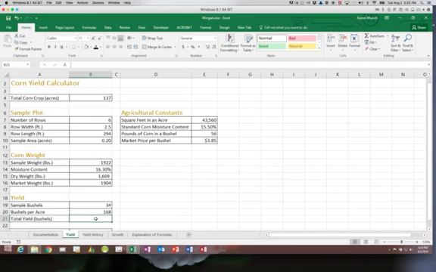And then our total yield is going to take the value equals the number of bushels per acre calculated in B20, and we're going to multiply that by the number of acres that we have for corn stored in B4.